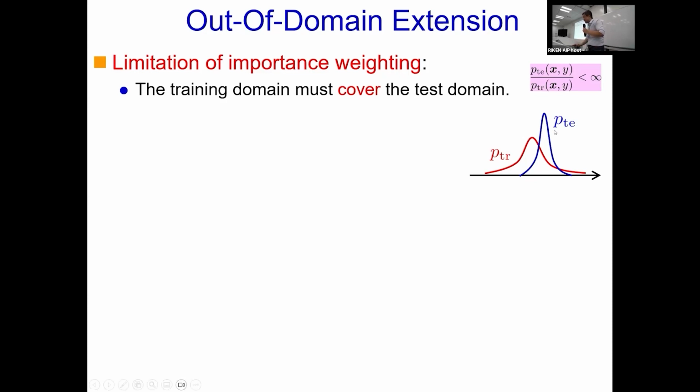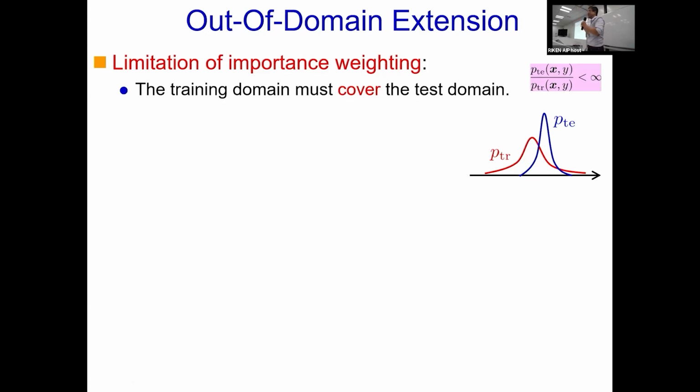So this basically means PTR should cover the entire domain, and PTE should be included in the training domain. This is actually somewhat different from our intuition that in the first example of covariate shift, we wanted to do a kind of extrapolation. Like we had training data from the left-hand side and test data from the right-hand side. We wanted to make extrapolation.